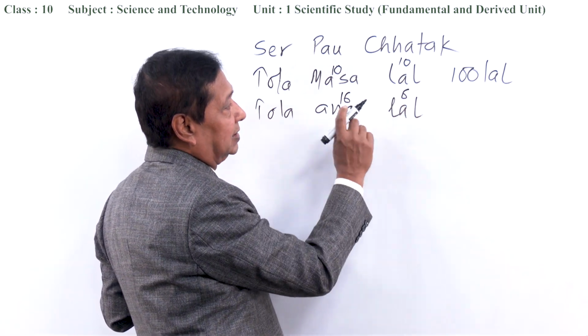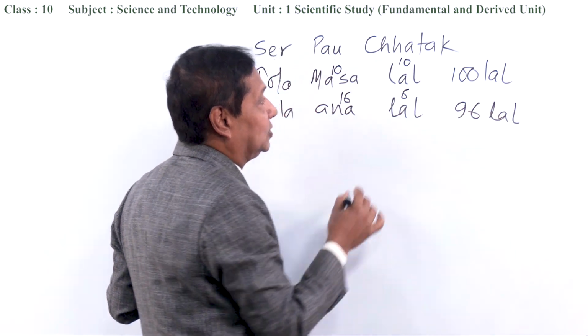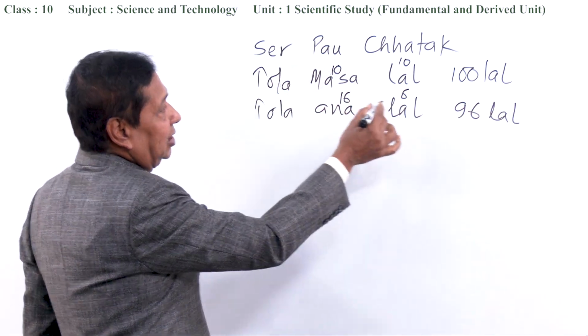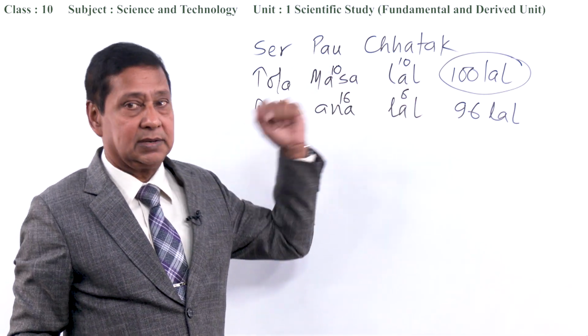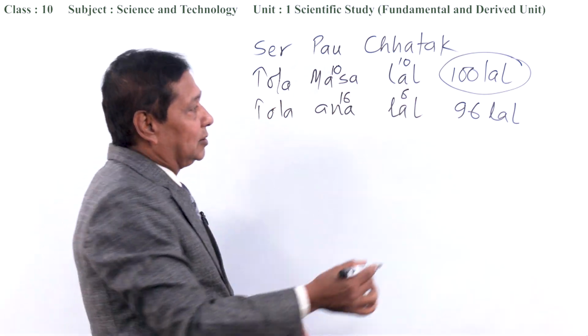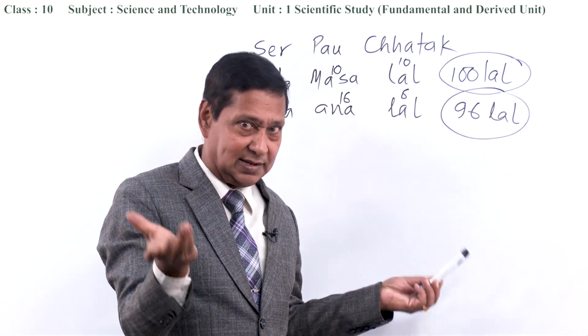It means 16 times 6 is 96 lal. Look at this, very confusing. 1 tola is equivalent to 100 lal according to one measurement, and 1 tola is equal to 96 lal according to this type of measurement. This is confusing, isn't it?